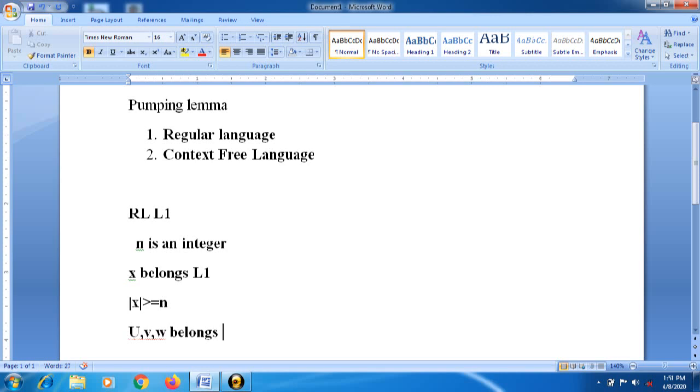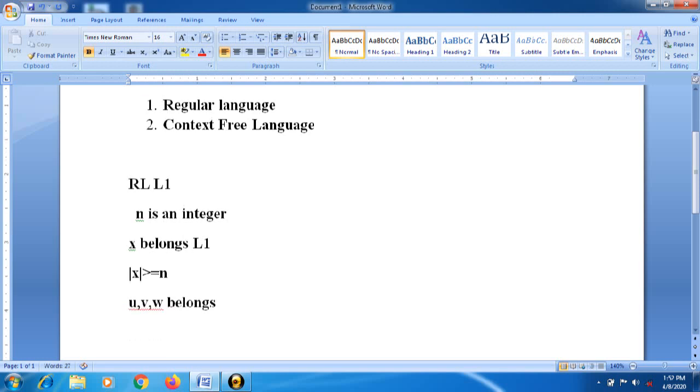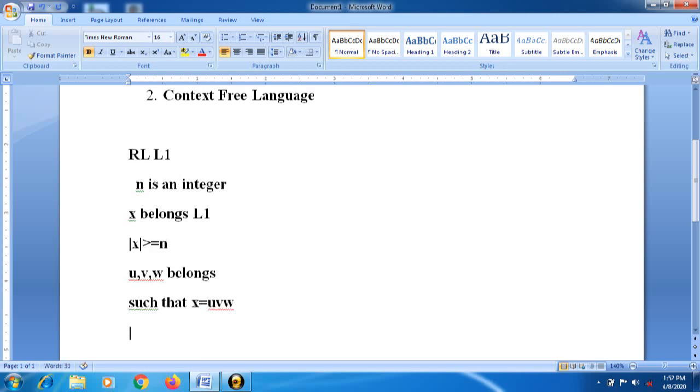In that case u, v and w belong to that input alphabet set, 0 1. Now we will prove that x is equal to u, v and w, where mod of uv is less than or equal to n. This is our first condition.